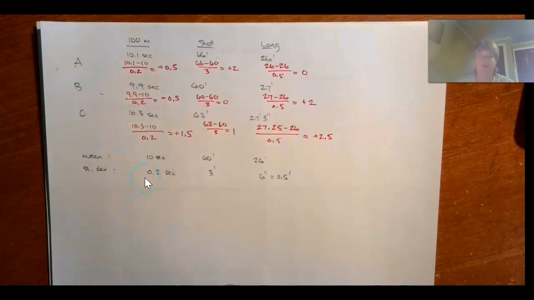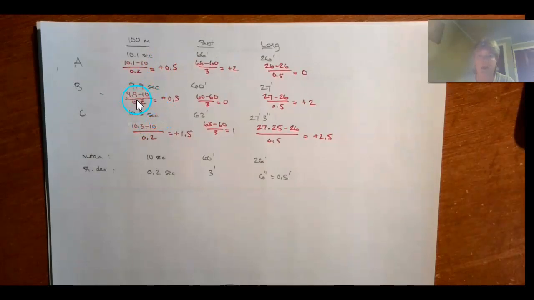Because remember, the standard deviation is sort of like the typical distance each competitor is from average. So we can use that as a ruler to see, relatively speaking, how far 0.1 seconds away from average is. So I'm going to divide that 0.1 seconds by 0.2, and I'm going to get this positive 0.5. And I did that for all of the competitors here for the 100-meter dash.